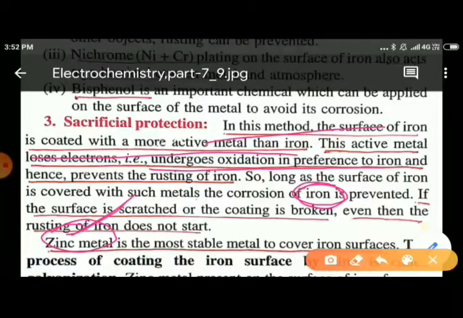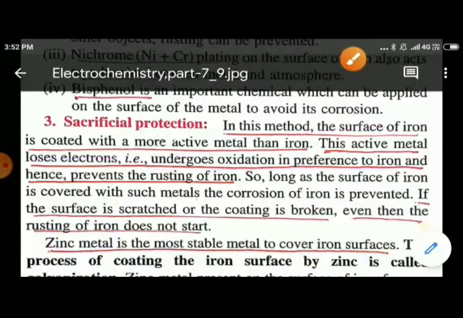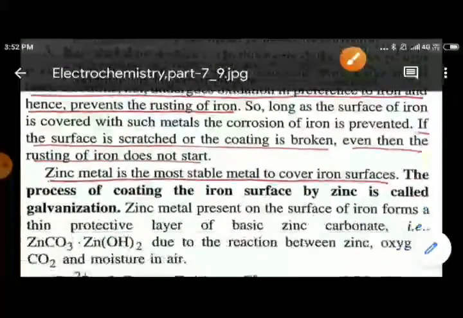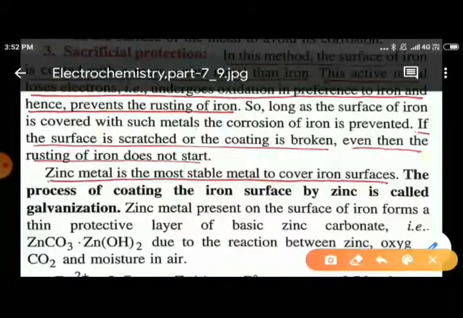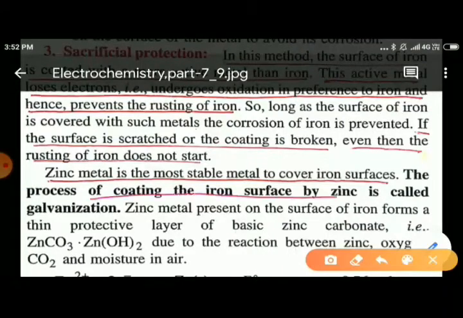In this way, iron gets protected from corrosion. Zinc metal is the most stable metal to cover an iron surface. The process of coating the iron surface with zinc is known as galvanization or electroplating.